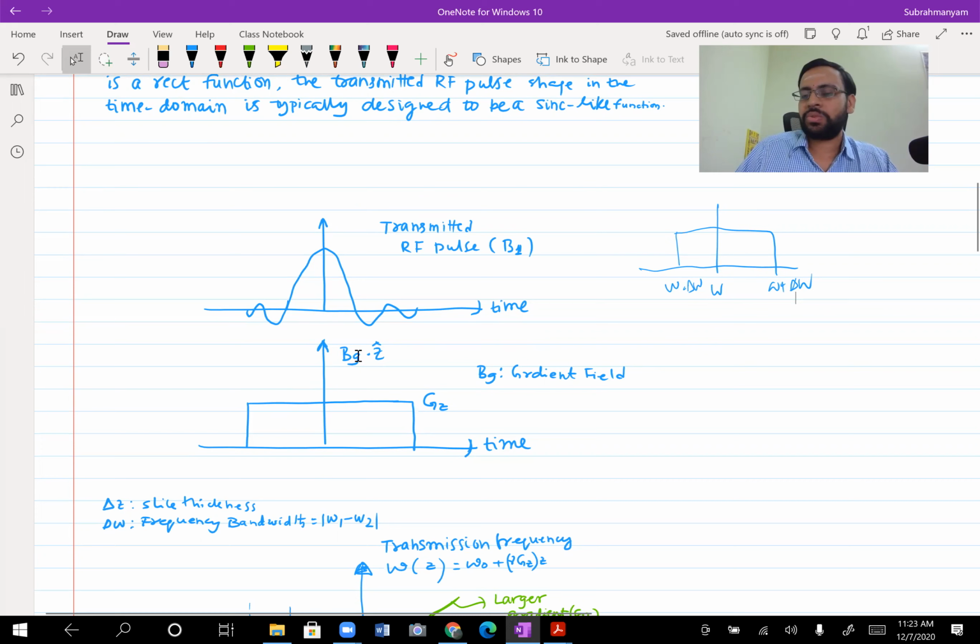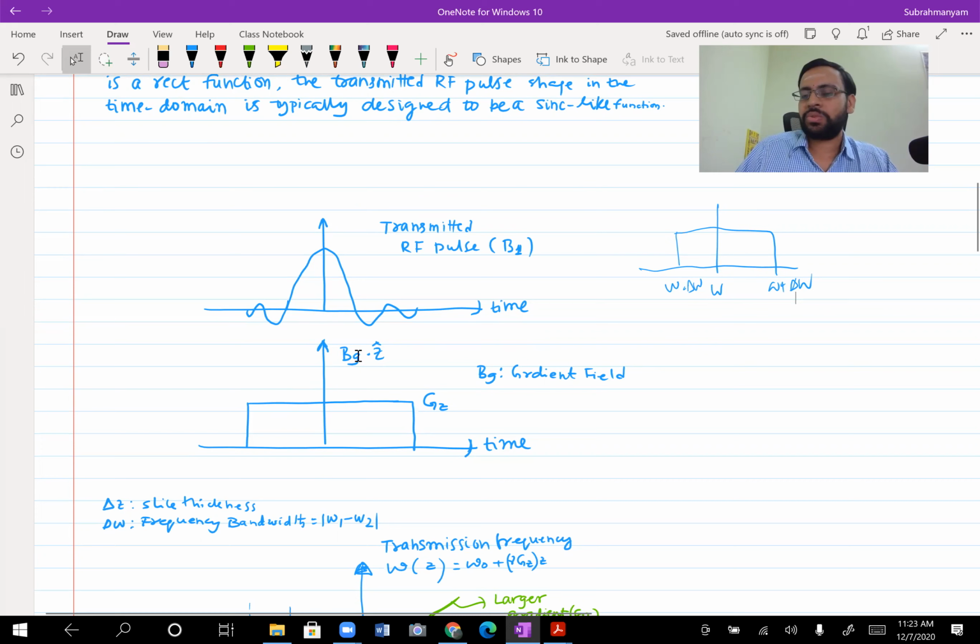Let's say here in the frequency domain, this is your omega, with omega minus delta omega and omega plus delta omega. These are the frequencies. That's what you want here, a kind of low pass filter pulse that you would like to give, something like a rect function.